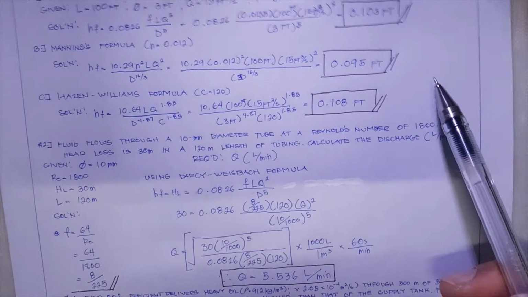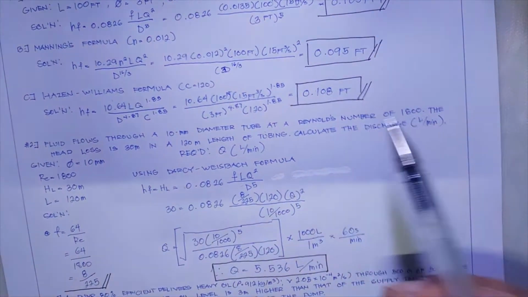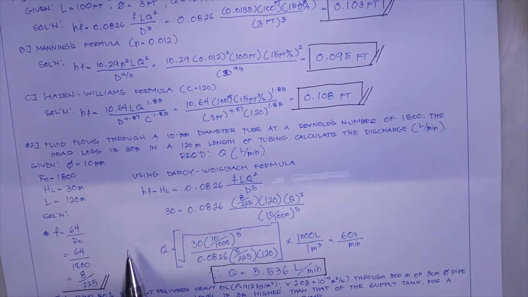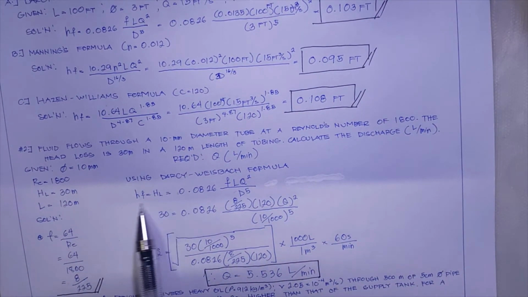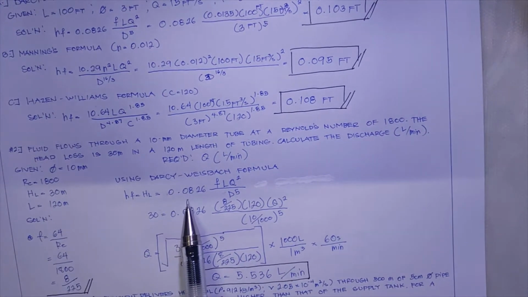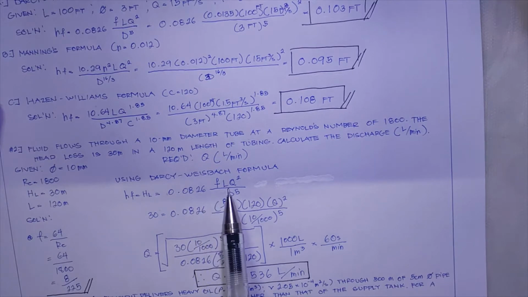And then using the Darcy-Weisbach formula, we will be able to find the value of Q. So, there is no other factor given, so HF is equal to HL. So it is equal to 0.0826 times F times L times Q squared over diameter raised to 5.